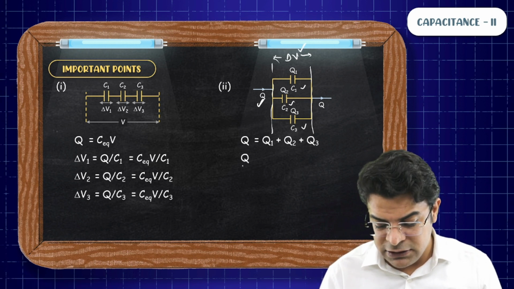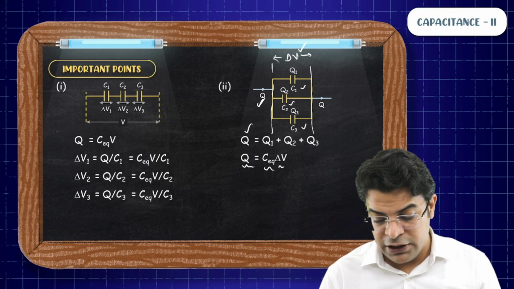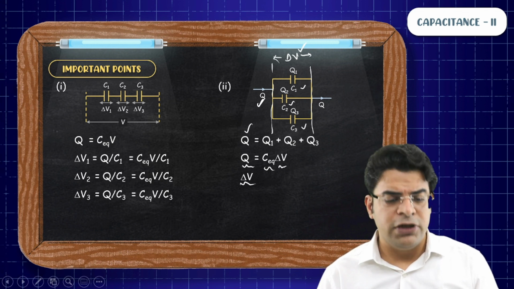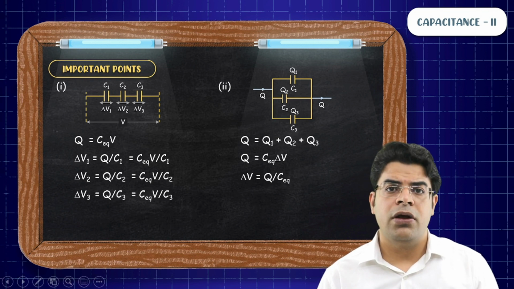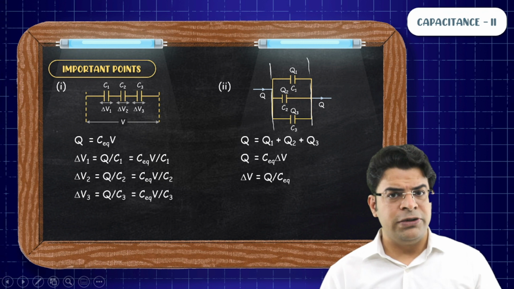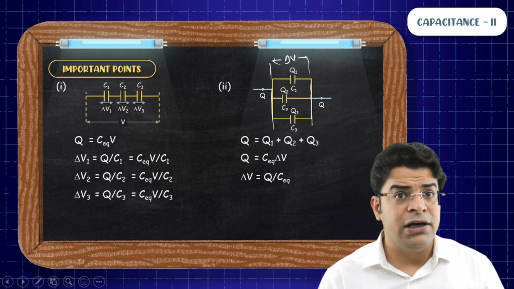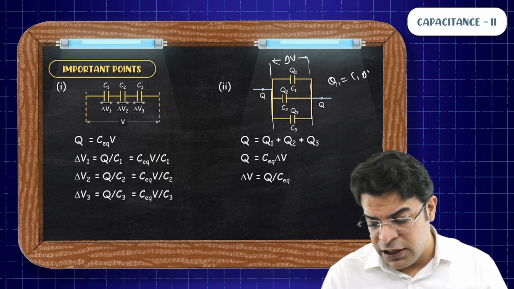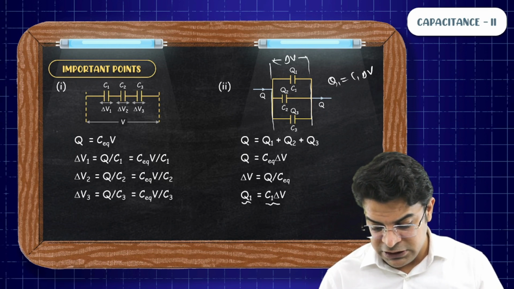So we can say the charge flow into the system Q equals C equivalent into delta V. Or we can rearrange and write the potential drop has to be nothing but the charge flow into the system divided by C equivalent. Now, I know that the potential drop across all three of them has to be same. So the potential drop across the first capacitor also has to be delta V. And from Q1 equals C1 into delta V, I can say that Q1 will be C1 delta V.